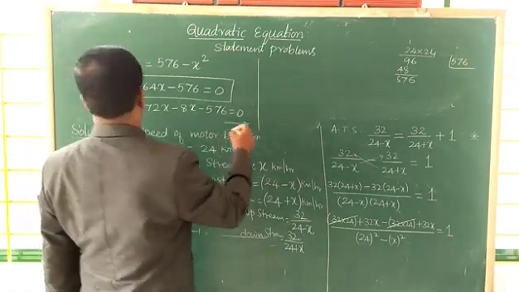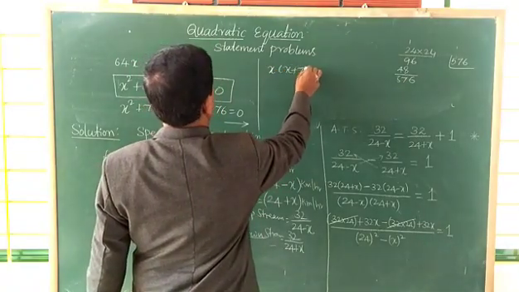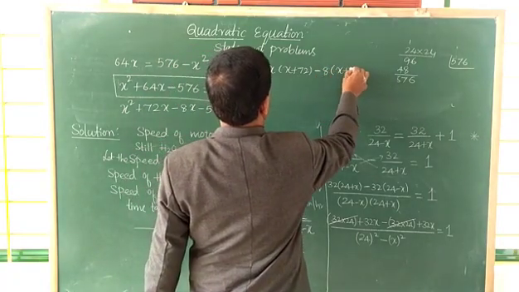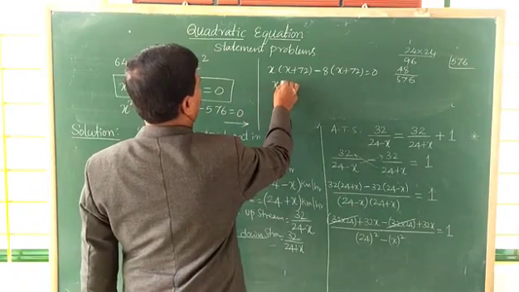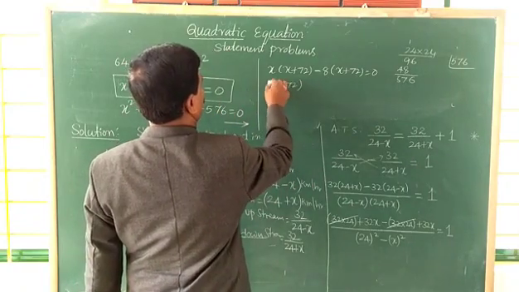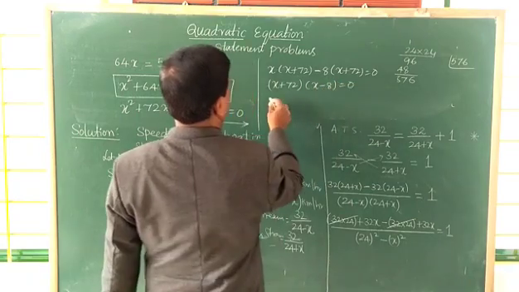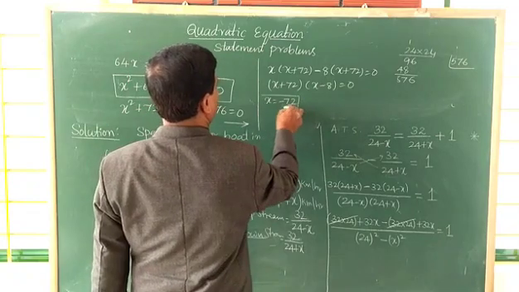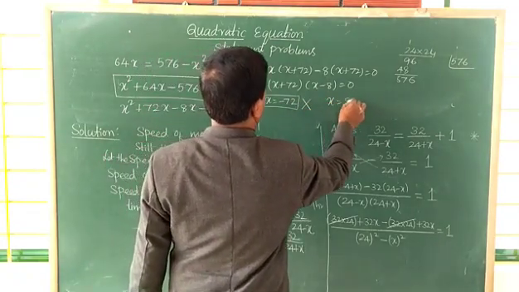Continuing this, x(x plus 72) minus 8(x plus 72) equals 0. Now (x plus 72)(x minus 8) equals 0. So x is equal to minus 72, which cannot be negative. x is equal to 8.